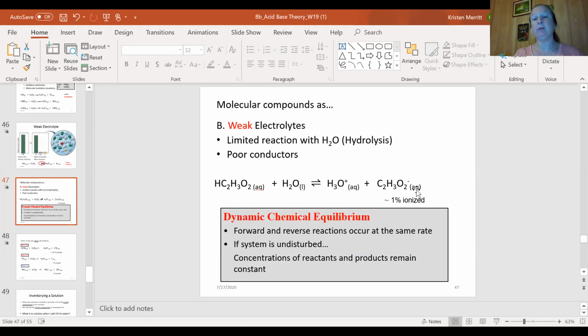So that's not very much. It does happen. It's measurable, but it's pretty weak. So this is a weak acid. Only 1% of it at the end of equilibrium becomes ionized because of the reverse reaction. Your major is going to be your acetic acid. Your minor is the acetate ion and the hydronium ion.